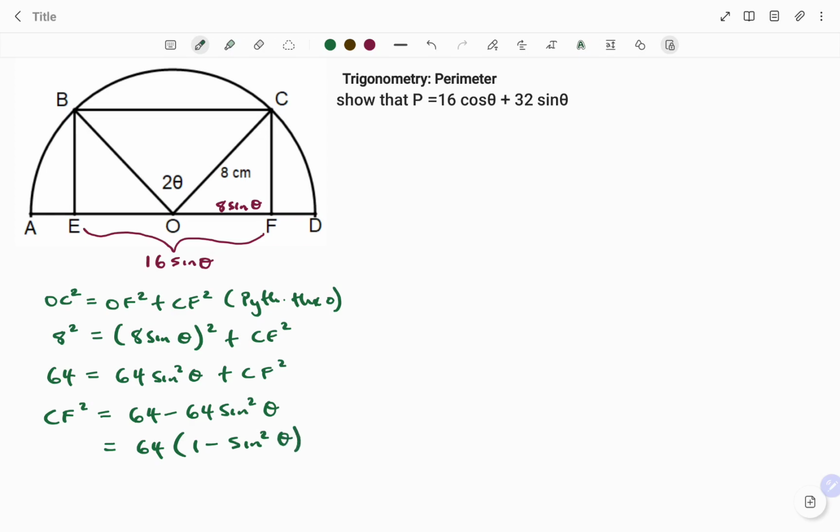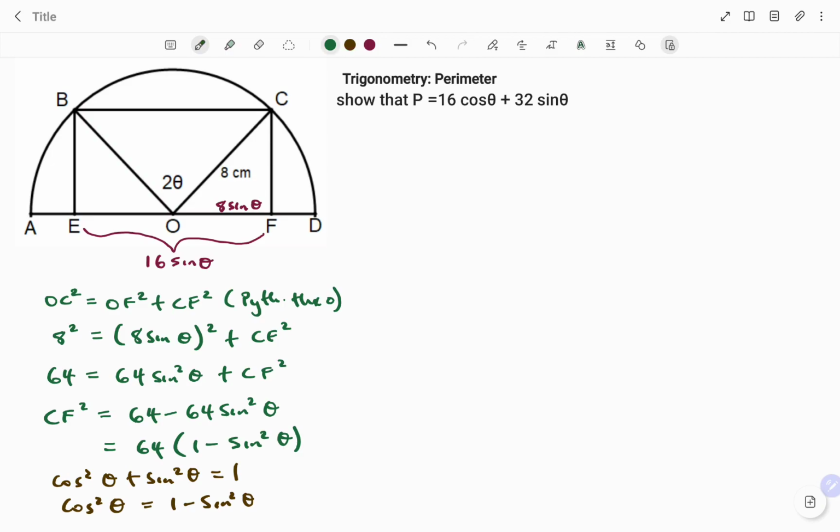Note that this is a trig identity, because cos squared theta plus sine squared theta equals 1. So therefore, cos squared theta equals 1 minus sine squared theta. So I'm going to change that.